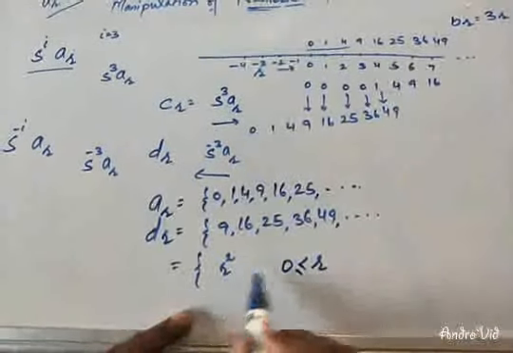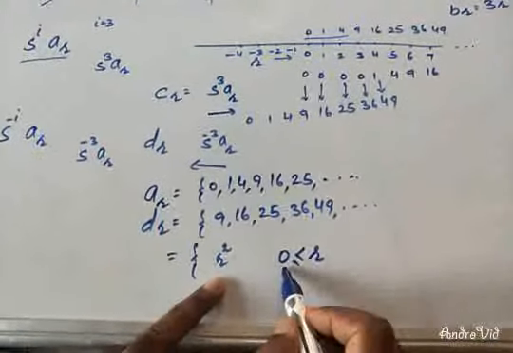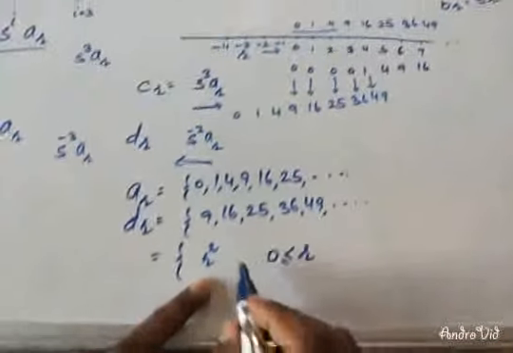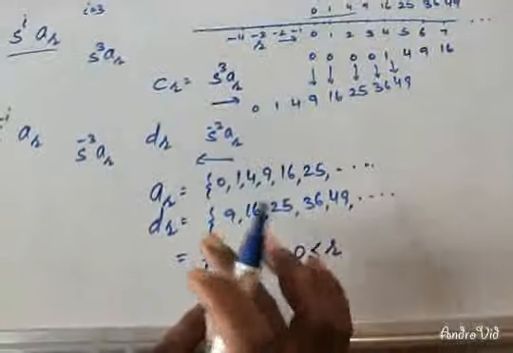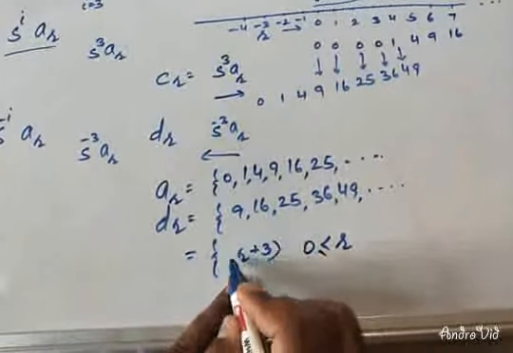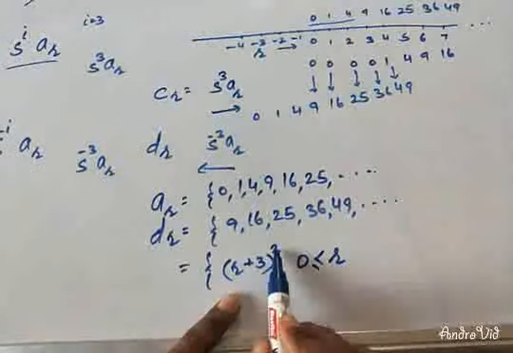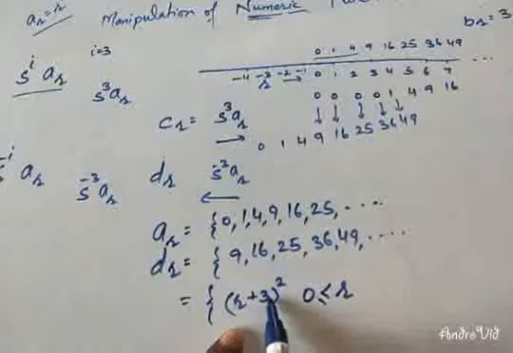0 only, but at 0 this value will be 0 square 0, at 1 this will be 1 square 1. So original value is not R square, but this value is R plus 3 square, because at 0 this value will be 9, at 1 this value will be 16.